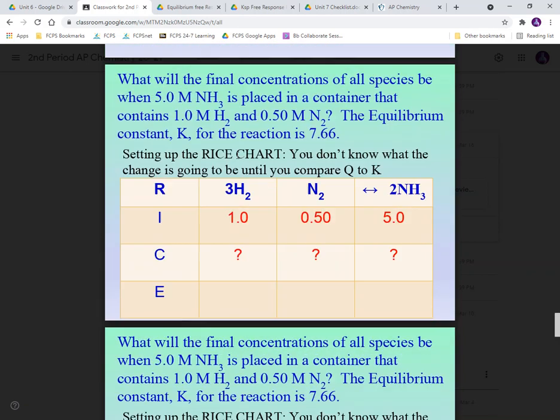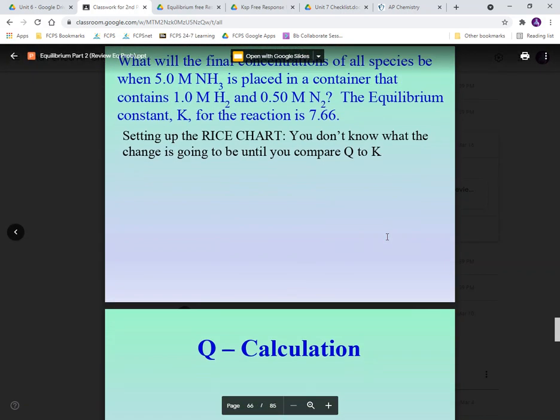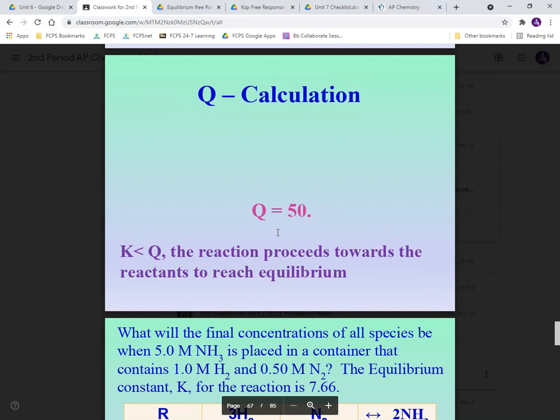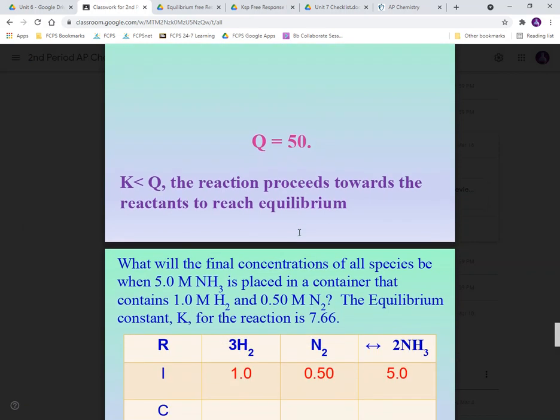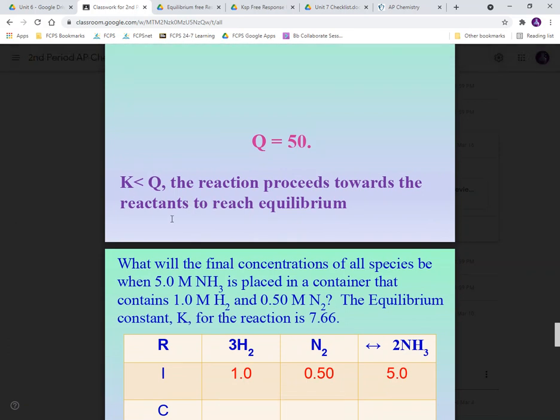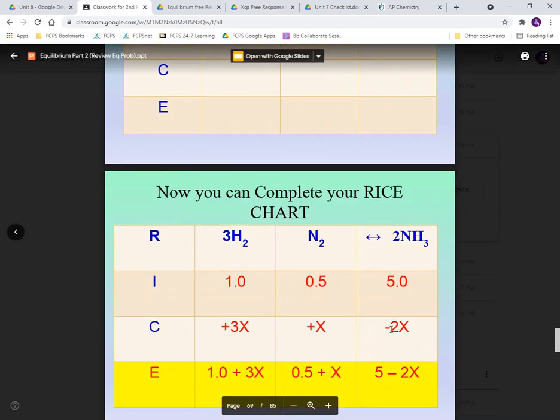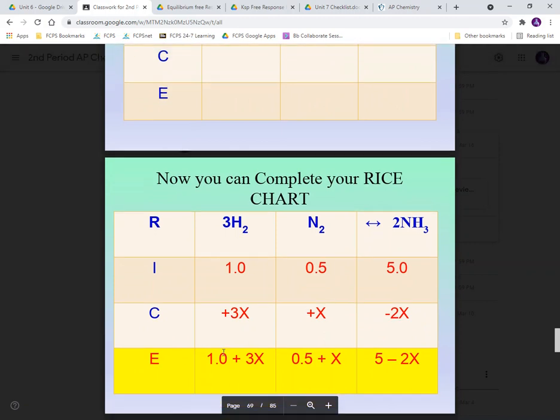In this particular case, we know K is 7.66. So when we do the Q calculation, Q ends up being 50. So Q is greater than K. That means the reaction proceeds towards the reactants to get to equilibrium. So now you're going to subtract from the product and add to the reactants in that particular case.